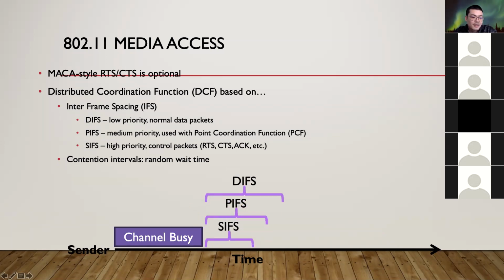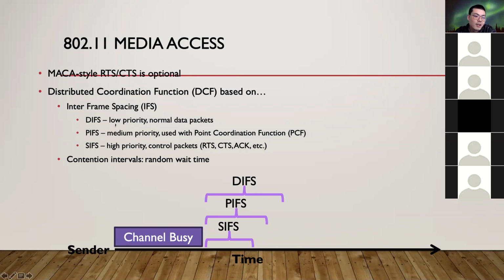Actually, there are more than these interframe spacing times, but these three are the most common. They are basically associated with low priority, medium priority, and high priority. They are called DIFS, PIFS, and SIFS. If you are interested, you can look at the detailed concepts, but they are just interframe spacing, with different spacing lengths.